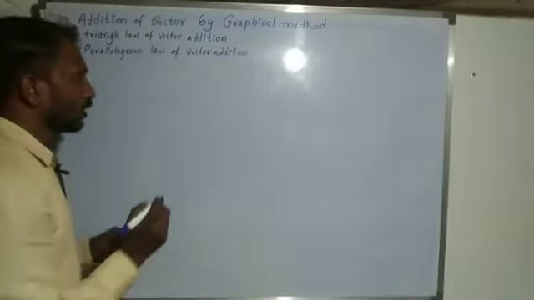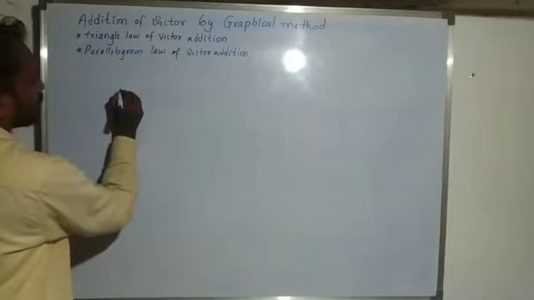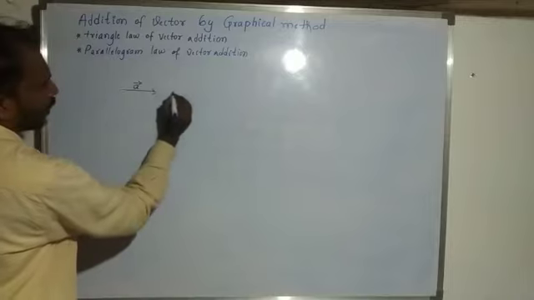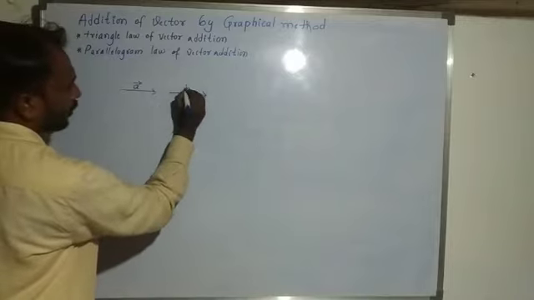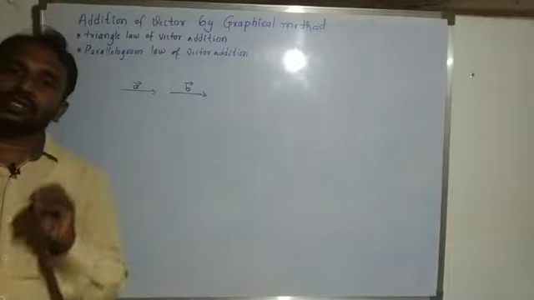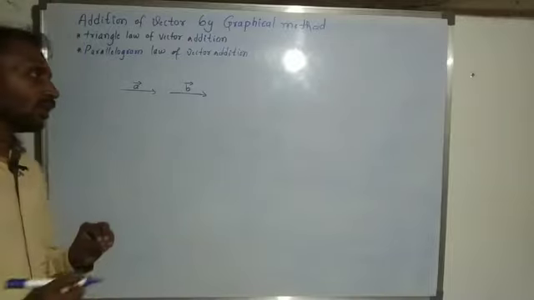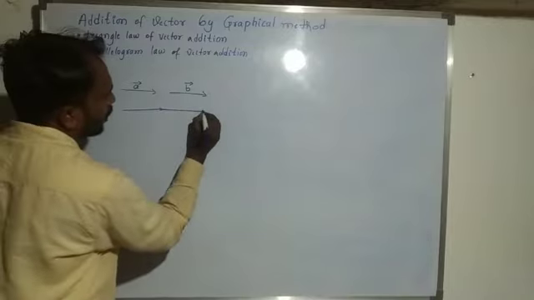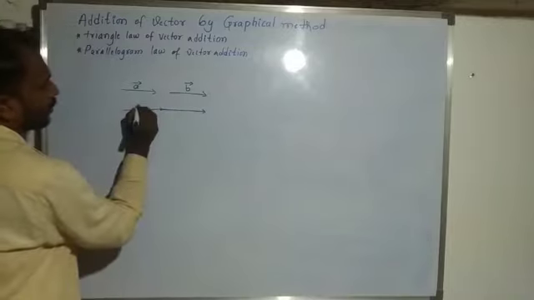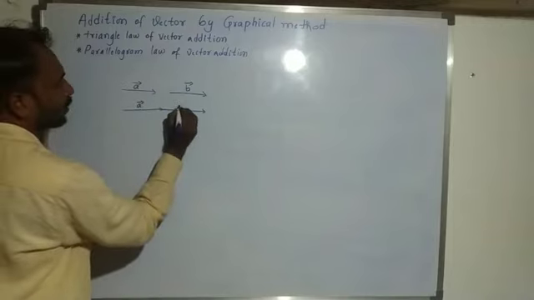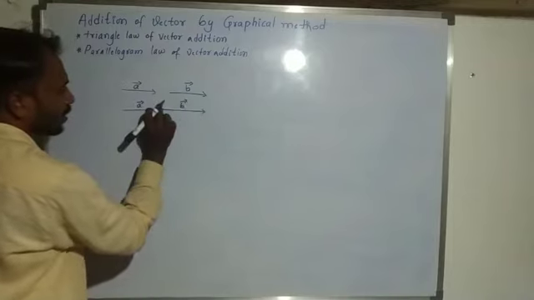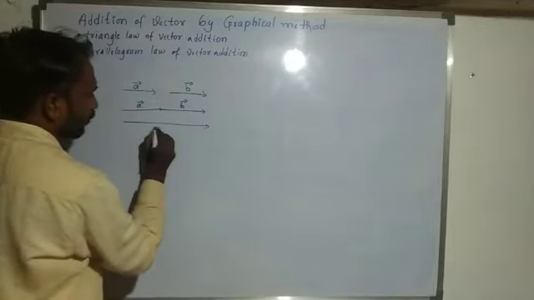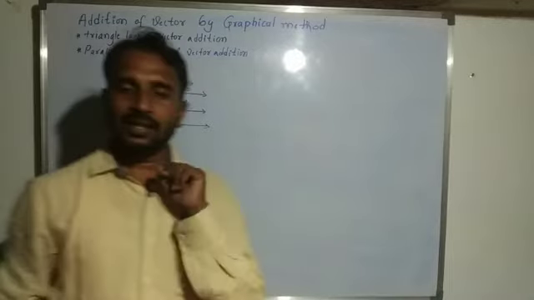For example, here we consider one vector, vector A, and another vector, vector B. The addition of these vectors is vector A plus vector B. So this one is vector A and this one is vector B. This total vector we consider as vector R, which is nothing but the resultant vector.